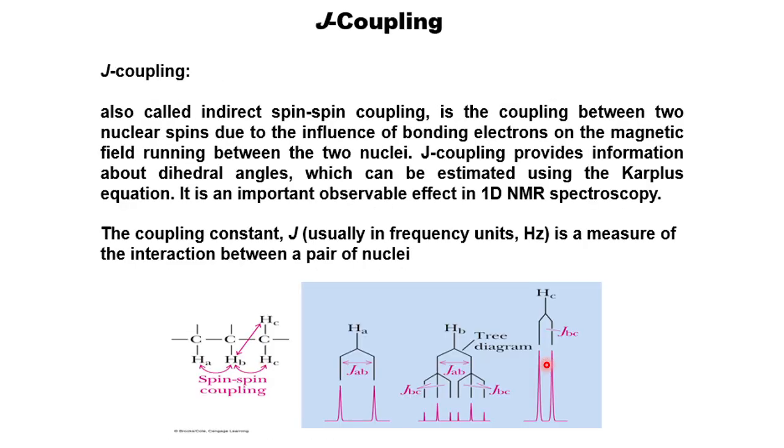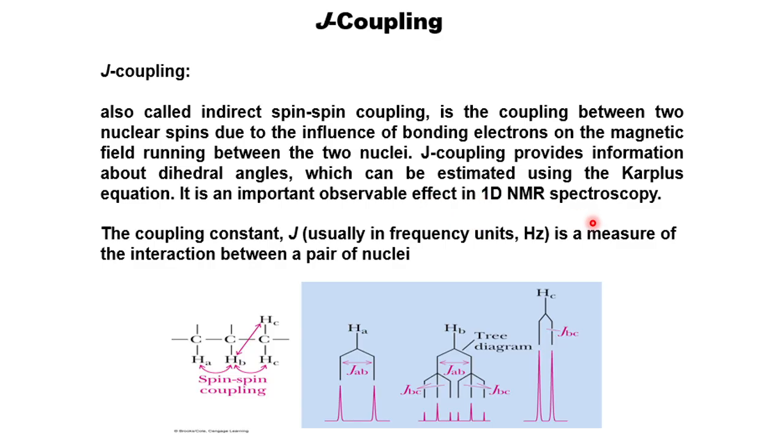It is also sometimes called indirect spin-spin coupling, that is coupling between two nuclear spins due to the influence of the bonding electrons on the magnetic field between the two nuclei. And J coupling provides information about the conformation, the dihedral angle, which is estimated using the Karplus equation, and it is an important observable effect in 1D NMR spectroscopy.